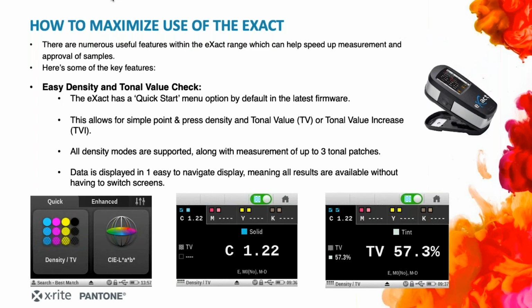It will also allow you to express it in an absolute form, and you see on the right-hand side a percentage of effectively tonal value, which is the density difference between a solid and a tint patch. Or we can configure these so the instrument will display what we term the tonal value increase, or dot gain or dot loss, plus or minus from a specific figure.